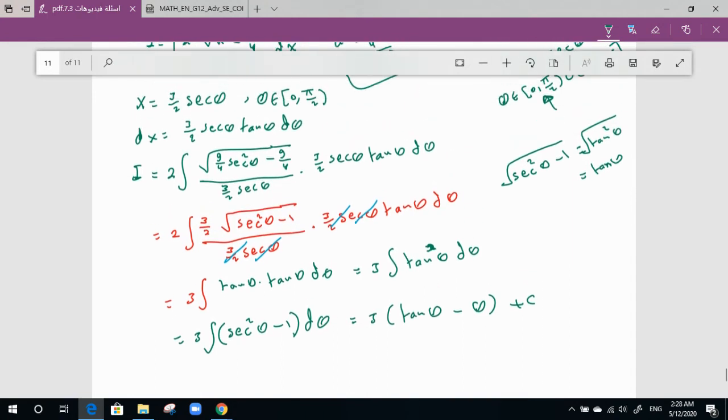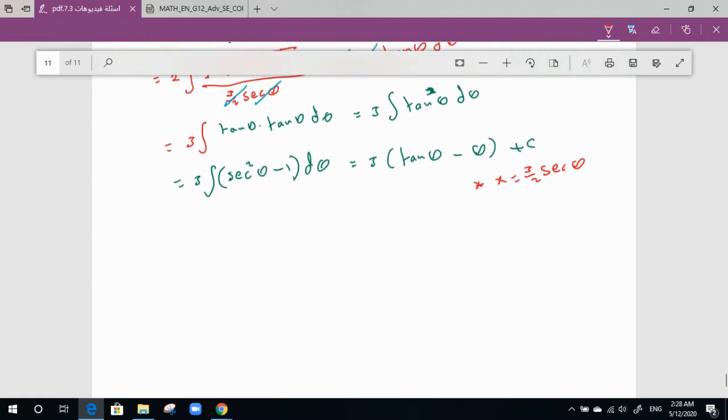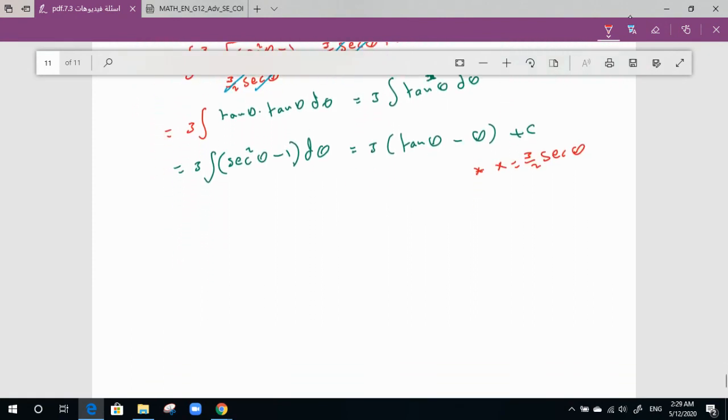So I will go back to the first substitution that I took, which is x equals 3 over 2 sec theta. I will bring it here, so I have x equal 3 over 2 sec theta. From this one, I can say secant theta equals 2x over 3.